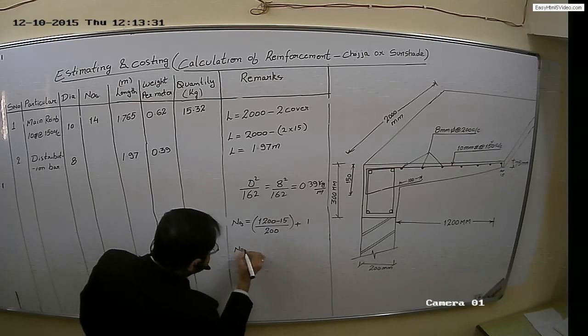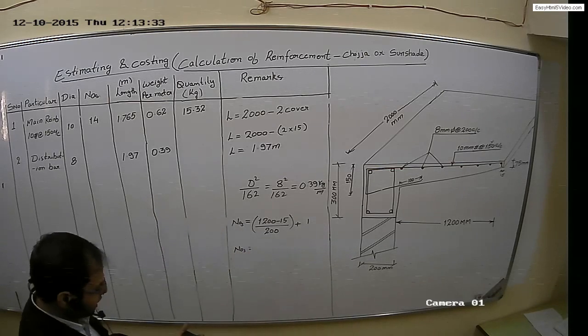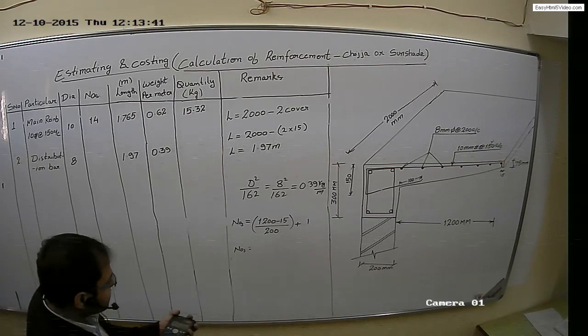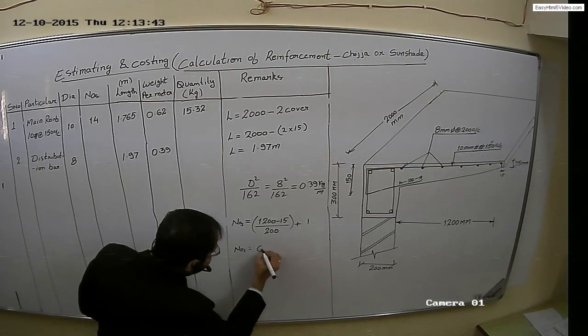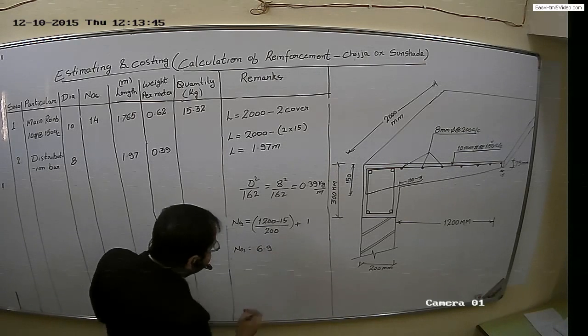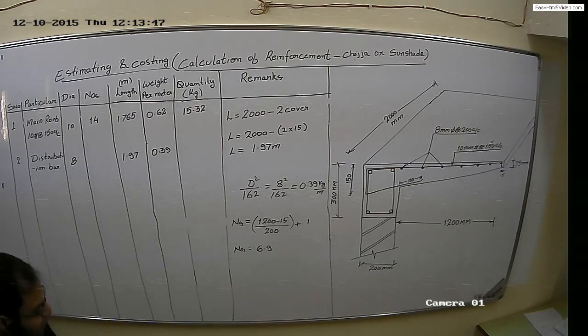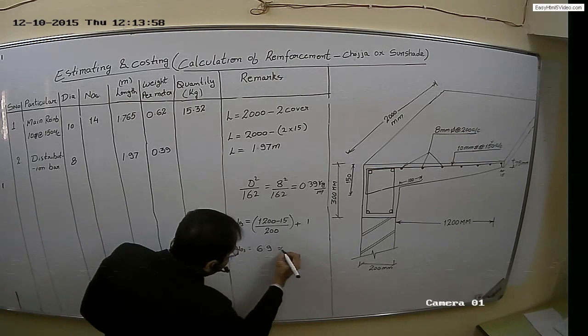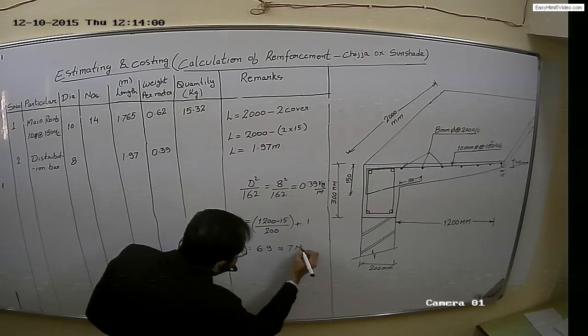You will get 6.9. I would like to just check my calculation. 1200 minus 15 divided by 200 plus 1 is equal to 6.9. On rounding off, you will get 7 numbers.